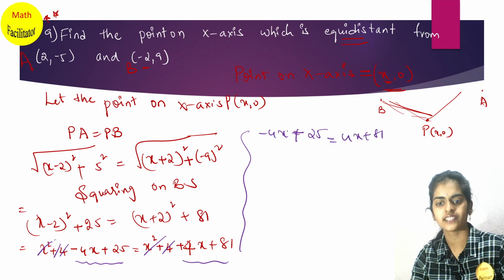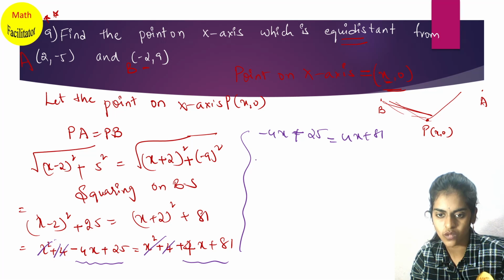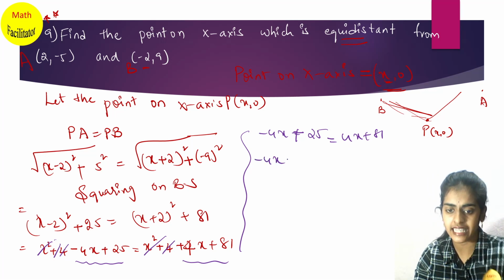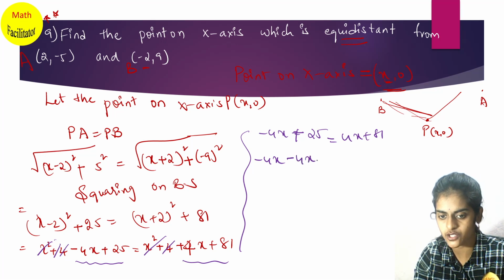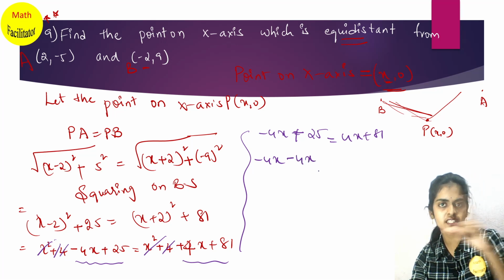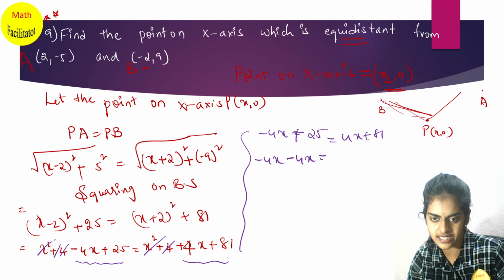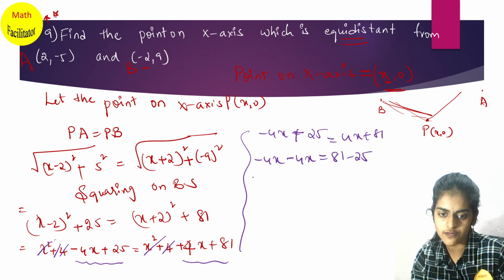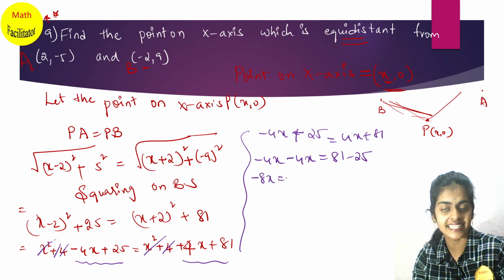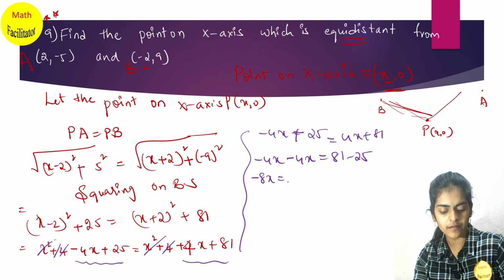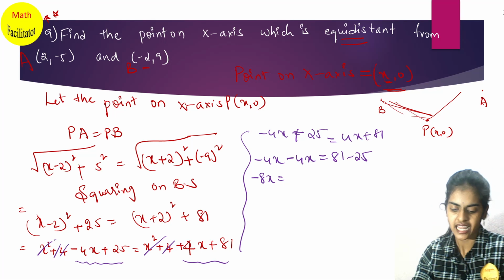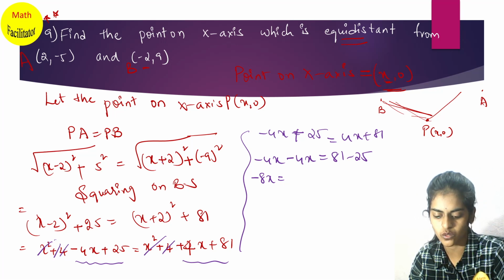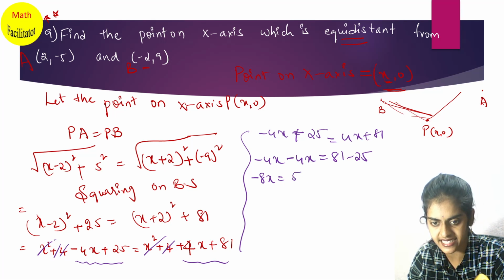Let us take all the x terms to one side. Transposing 4x to LHS, you have minus 8x is equal to 81 minus 25, which gives me 56.